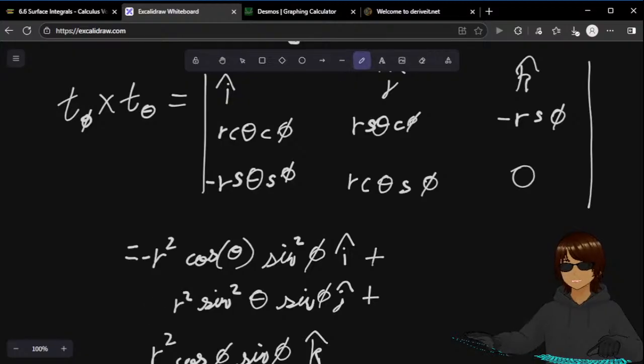R square, sine. Hold on. I think this is wrong. Square is over here.